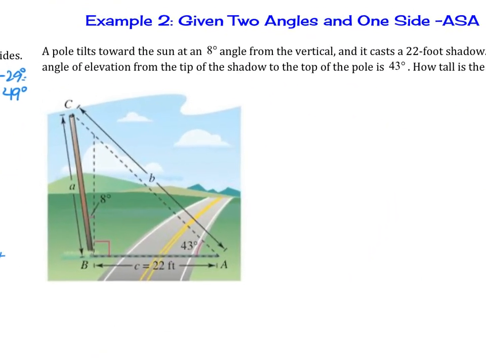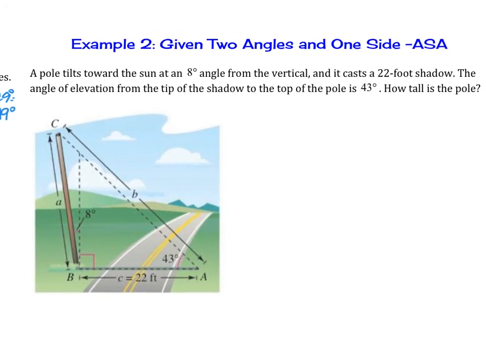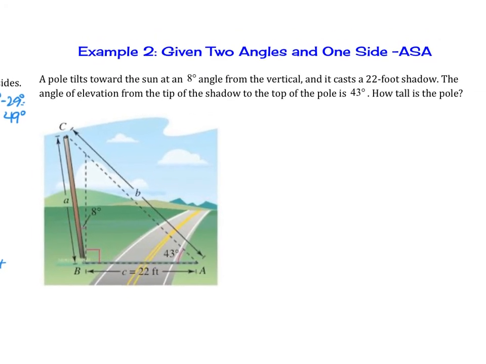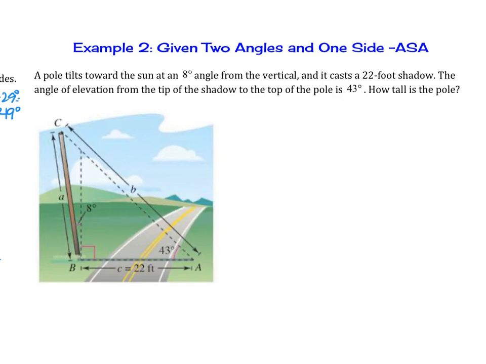So let's try this example. Given two angles and one side, a pole tilts toward the sun at an 8-degree angle from the vertical, and it casts a 22-foot shadow. The angle of elevation from the tip of the shadow to the top of the pole is 43 degrees. We're trying to find how tall the pole is. So we see that it is an 8-degree angle from the vertical, so this is 8 degrees.